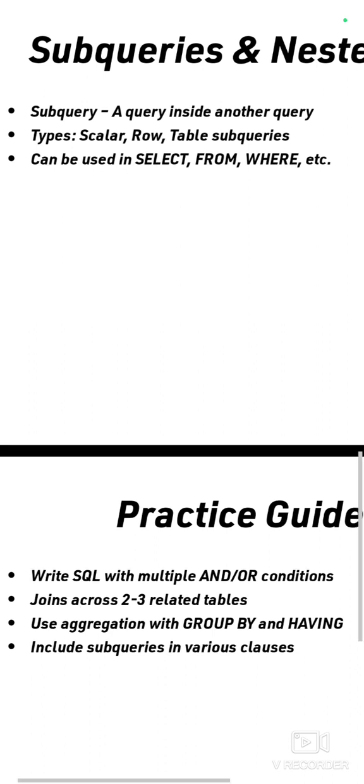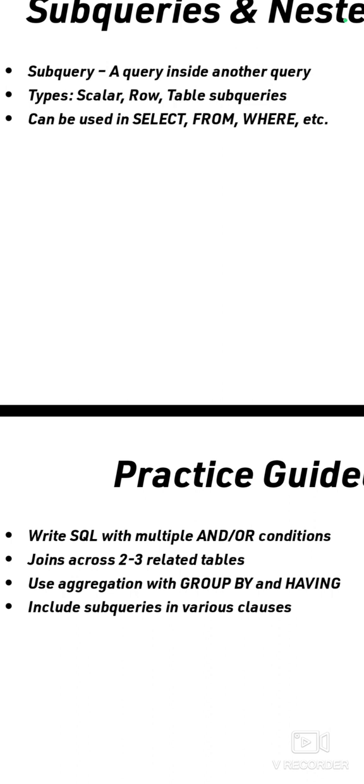First one is scalar. A scalar subquery is a subquery that returns a single value. This is the simplest form of subquery and can be used in most places where a single column value is valid. The data type, length and character set are all taken from the value returned by the subquery.